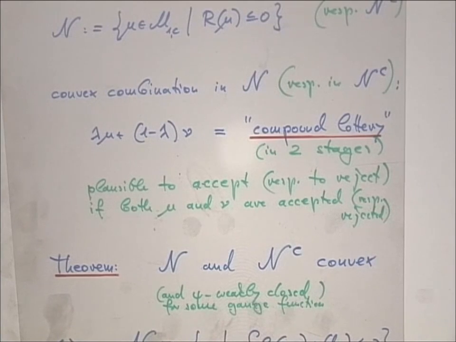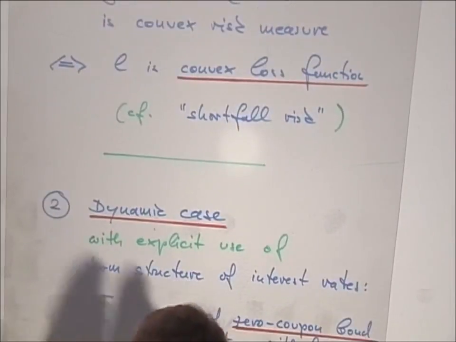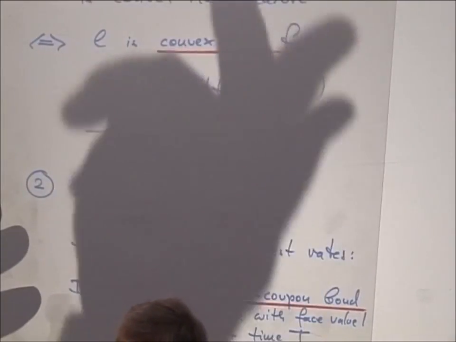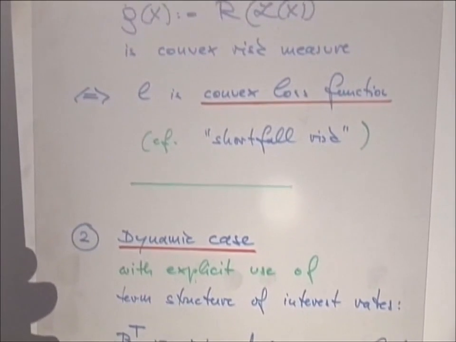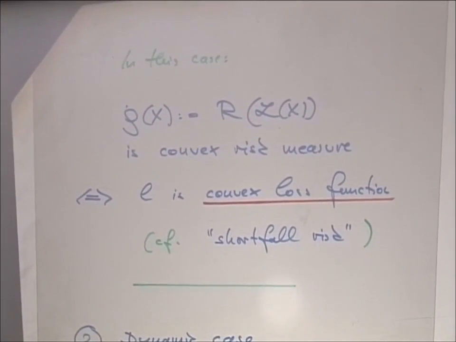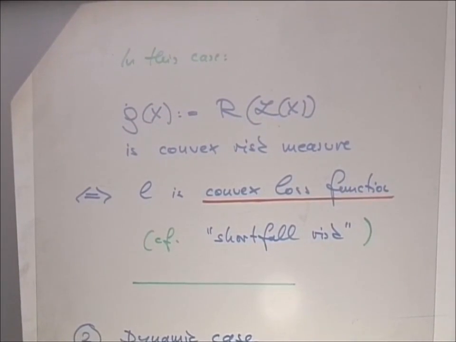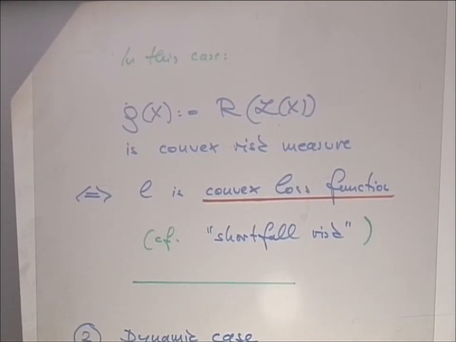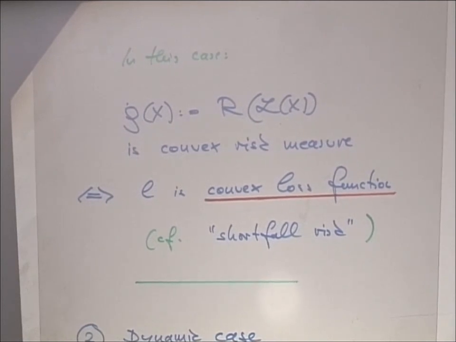More precisely, if I also just consider convex risk measures, then this loss function will indeed be convex, and it will be exactly the risk measure of shortfall risk. So this is a characterization of shortfall risk with respect to certain convexity properties on the level of the functional, viewed as a functional on lotteries.